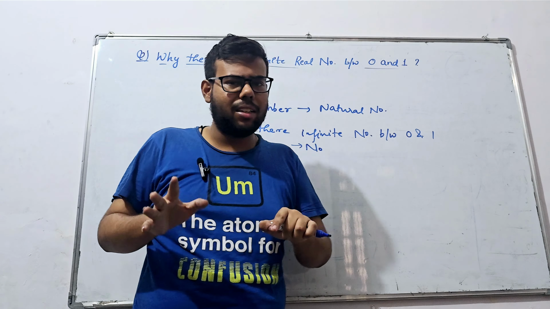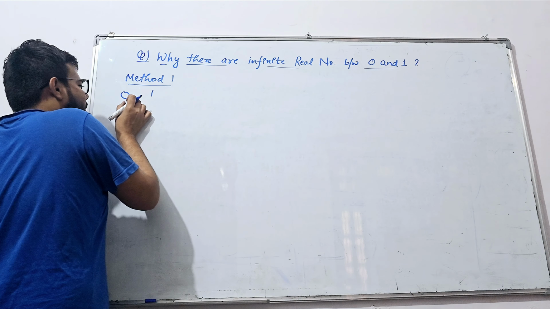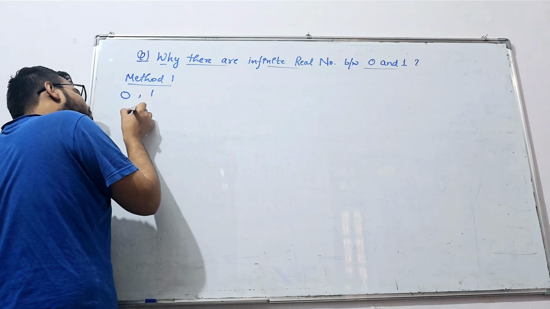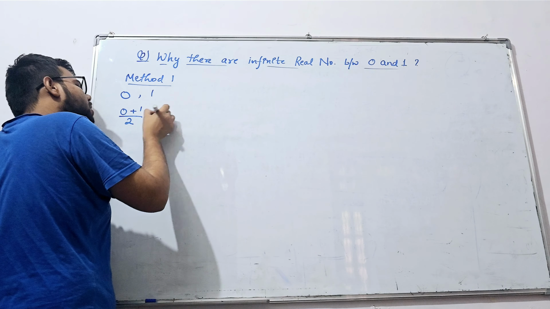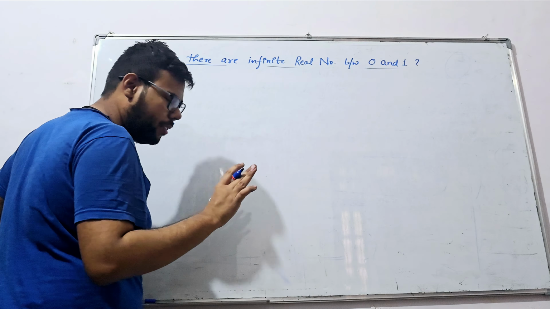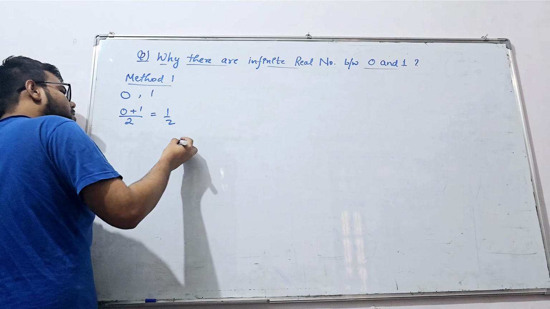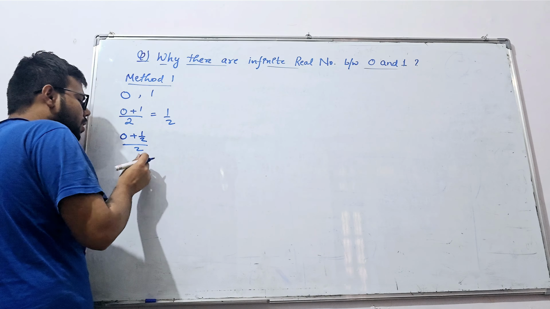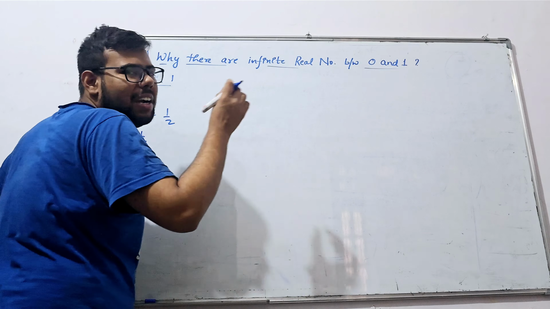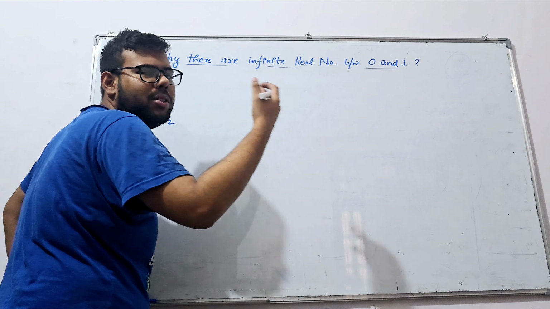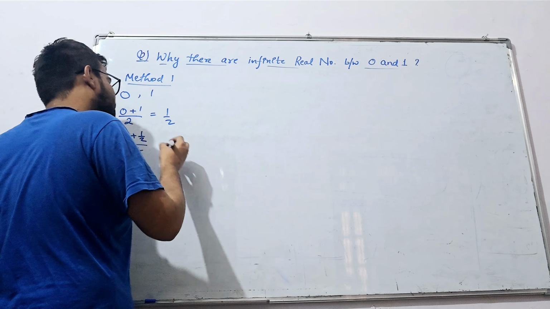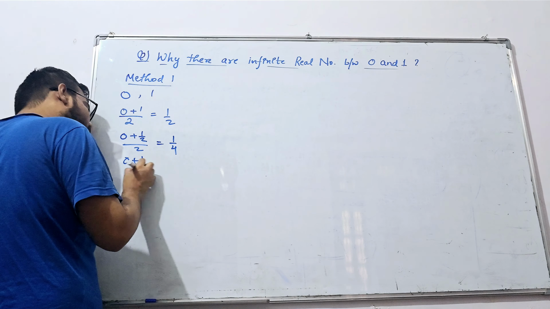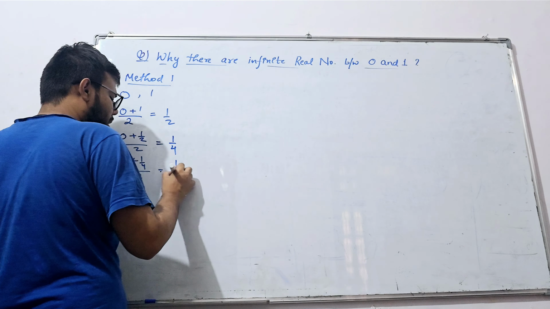Suppose you need to find a number in between them. How will you find it? 0 plus 1 by 2, which is 1 by 2, right? So this is your first number. Now take 0 plus 1 by 2 by 2. This is a number between 0 and 1 by 2, which still lies between 0 and 1. So you have 1 upon 4. And 0 plus 1 upon 4 by 2 is 1 upon 8, and so on.